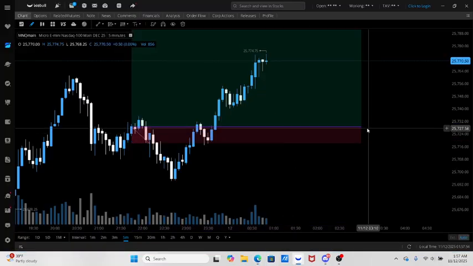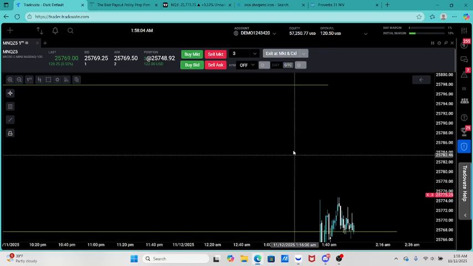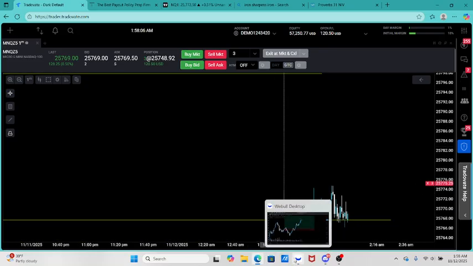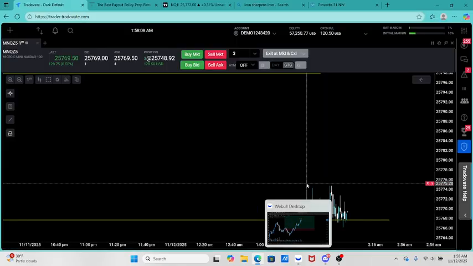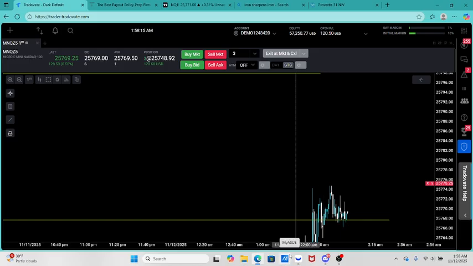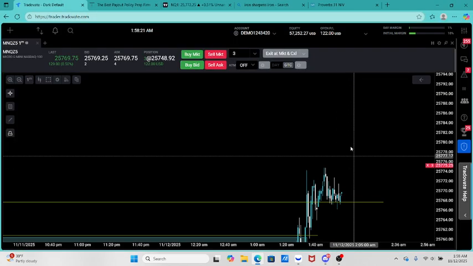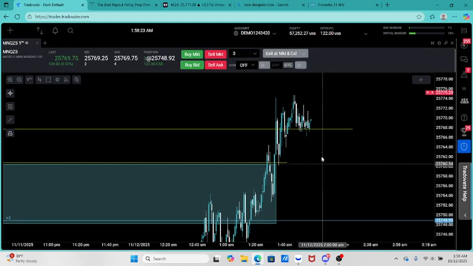If your entry is 728 and you're risking 16, that's like 11 points, so like $24, $25, and your reward is almost 100 points. So you're risking about $25 to make like $180, $200. I would say just leave your stop loss right there.